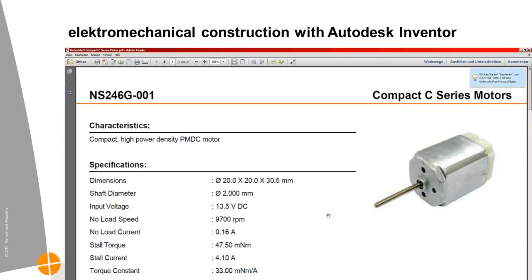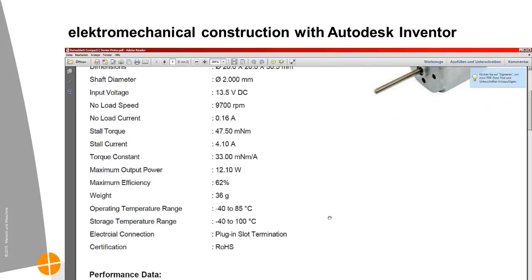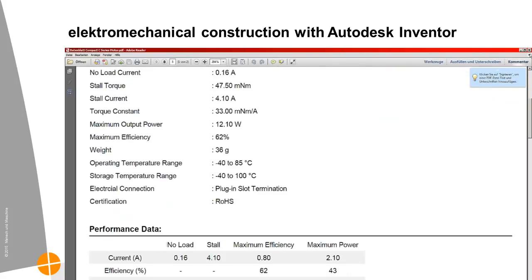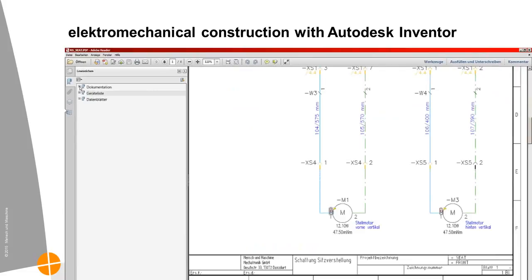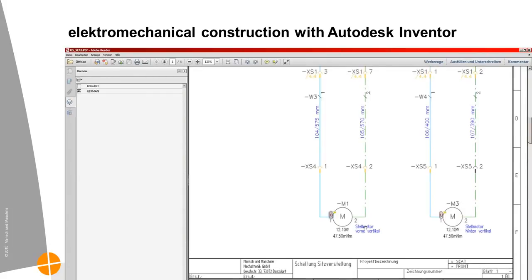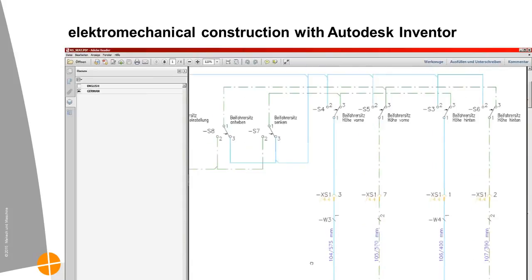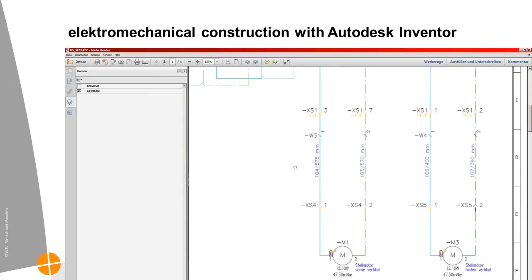Another nice thing is that we can match a data sheet to our symbols, and it will be embedded into the PDF format so that you can give your customers a high quality documentation in the PDF file. And as you can see here, it's multi-language.